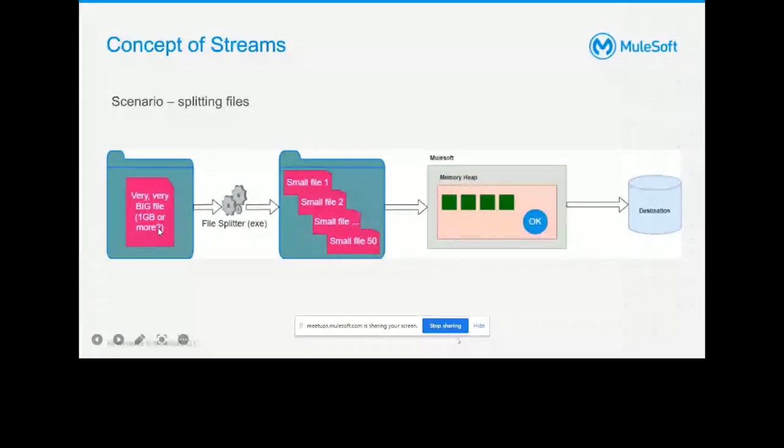So it will split this file into small files of less than 20 MB each, so that when one small file is loaded into the memory, it will not cause an out of memory exception and also not affect the performance of the application. Thus, this big file will be split into small files, loaded into the memory heap, and reach the destination, making the application work efficiently.